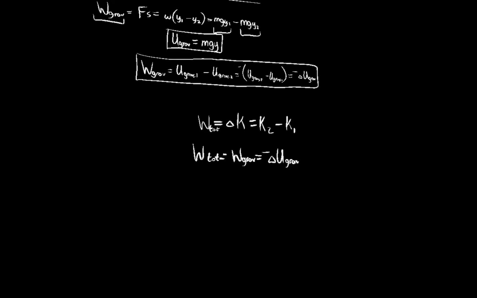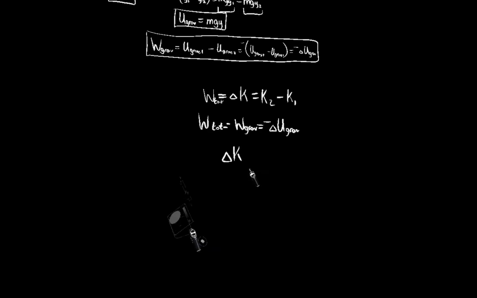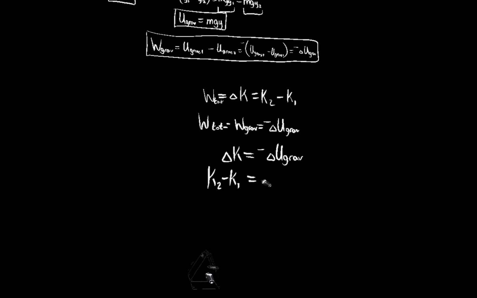So we can equate the two expressions that we have for work. There are two separate expressions we have here, one here and one there. We can set them equal to each other and get that delta K is equal to negative delta U grav, which is K2 minus K1 equal to U grav 1 minus U grav 2.